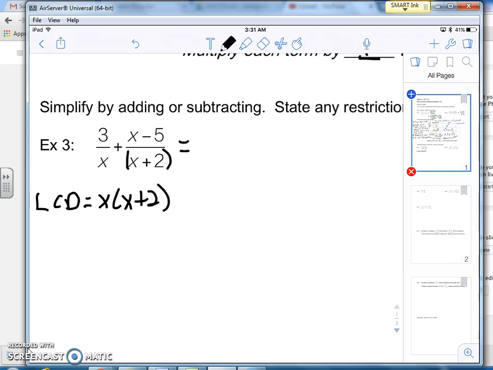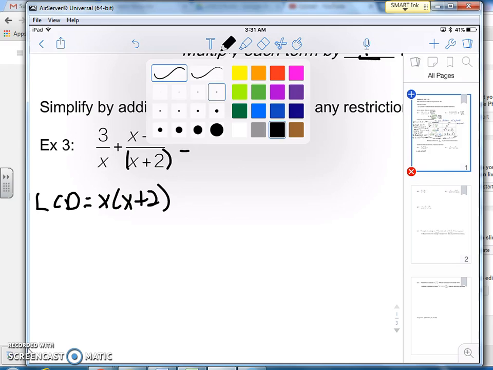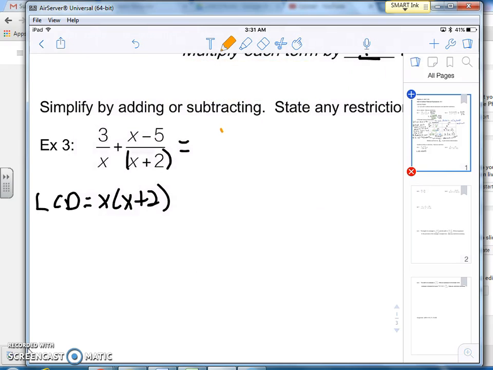So when I said we have to multiply terms by 1, we're going to multiply both the top and the bottom of that first term by x plus 2. So this thing in the orange, x plus 2 over x plus 2 equals 1, and this will get multiplied by the first term.